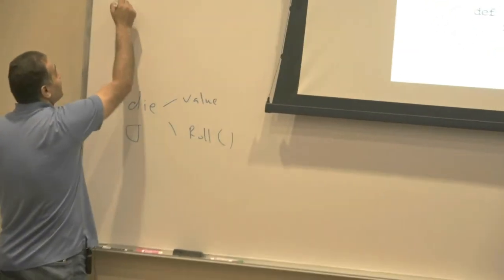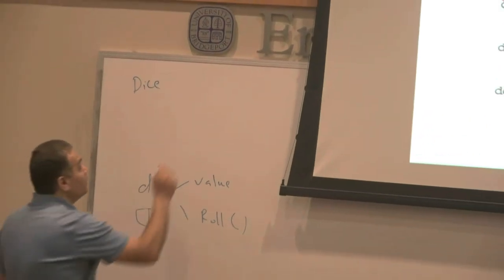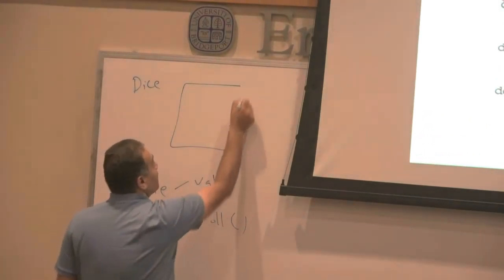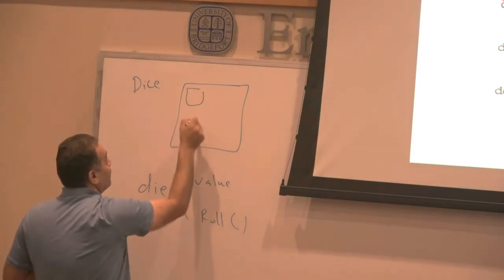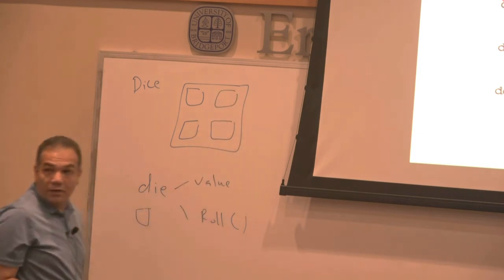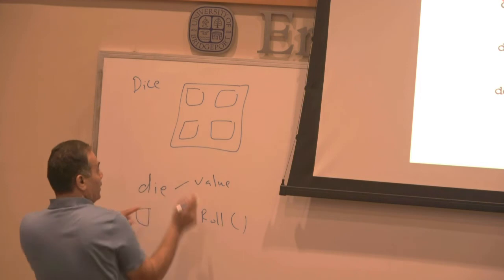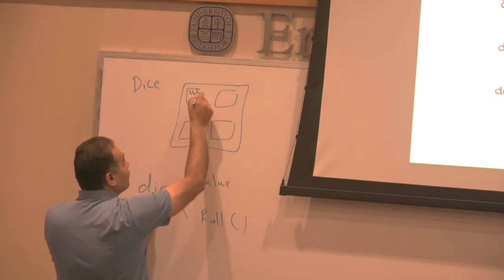And there's a dice. Another class. So the dice is built of how many? It's built of many dice. So it could be built of 5. Or 4. Right? So what is inside in here? Again, value and roll.